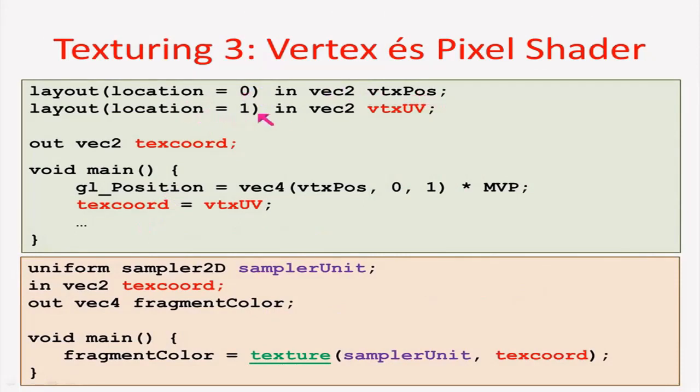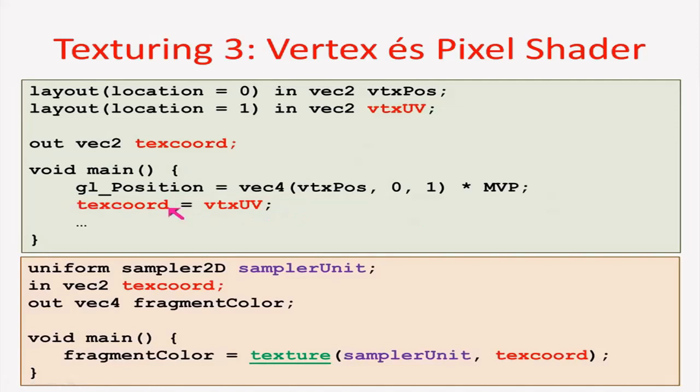It directs the UVs or texture coordinates to input register number 1, which is called vtxUV in the vertex shader program. The location is transformed to normalized device space and written into the gl_Position output register. The input texture coordinate called vtxUV is copied to the output register called texCoord.